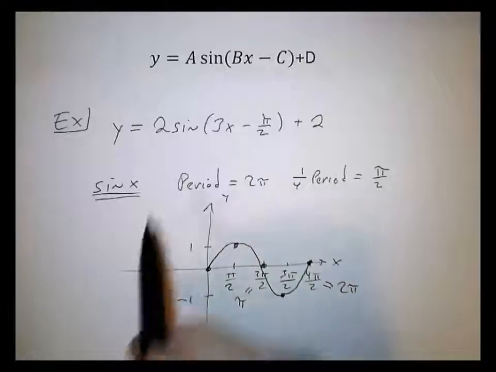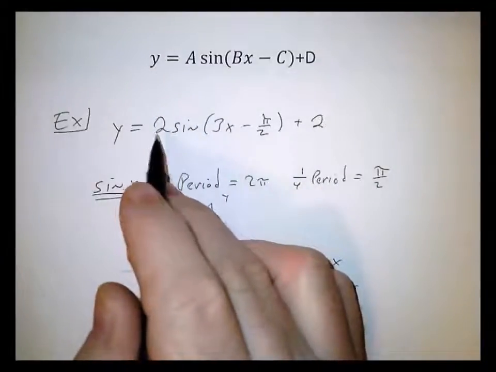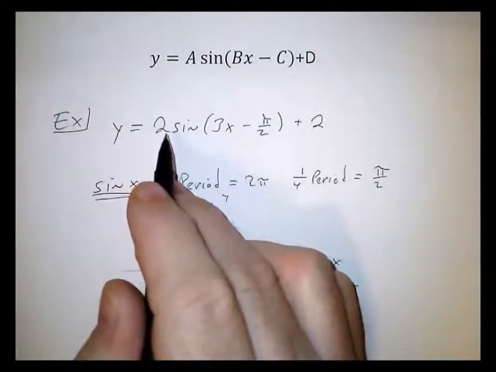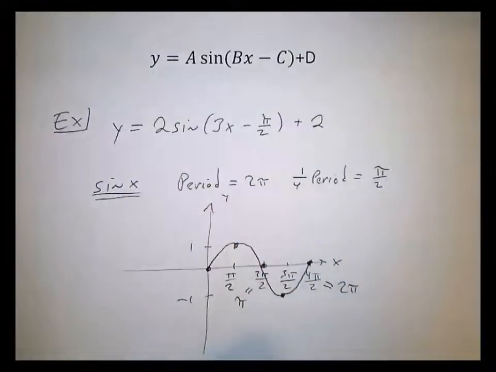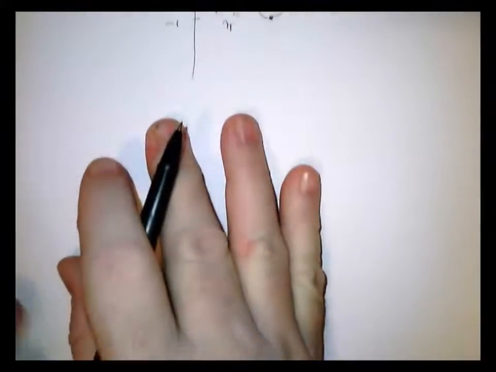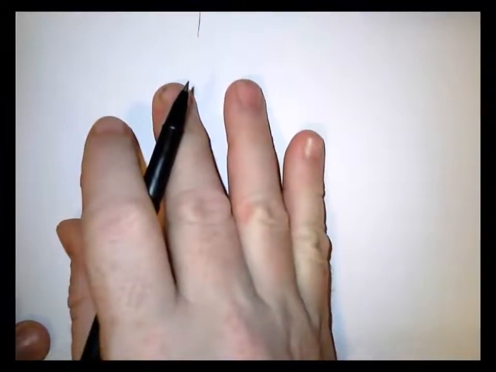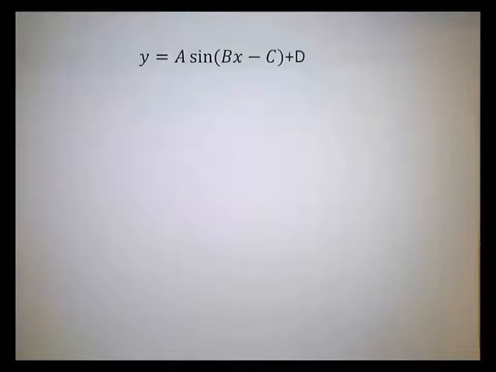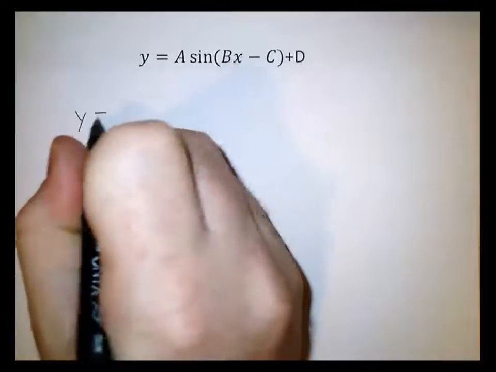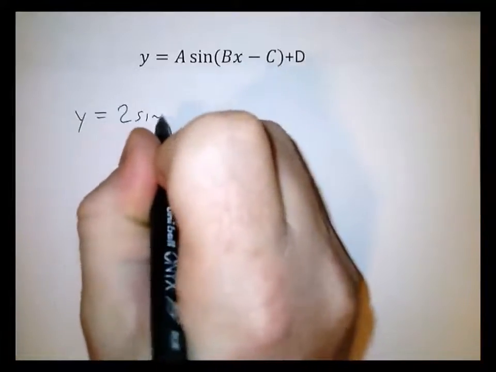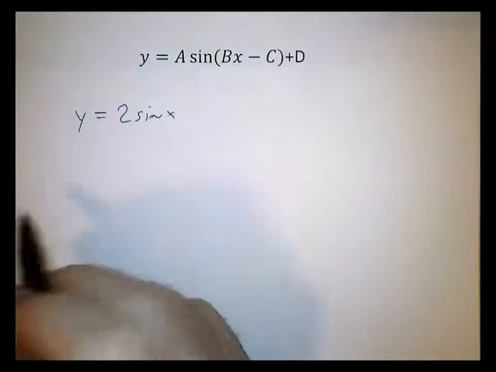So the first thing we want to do when we do this is maybe think about the 2. What does this 2 out here do? So I'm going to have my 2 sine of x. So now what we want to think about is, what does y equals 2 sine of x look like?